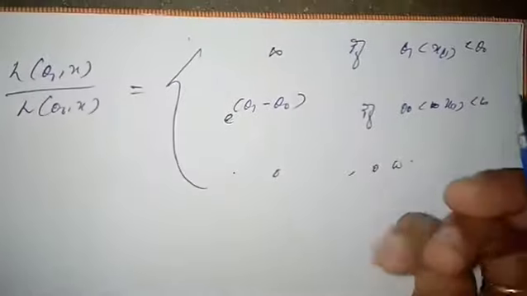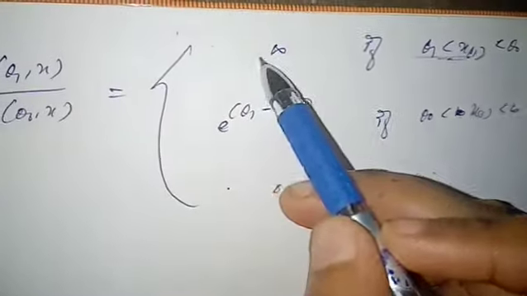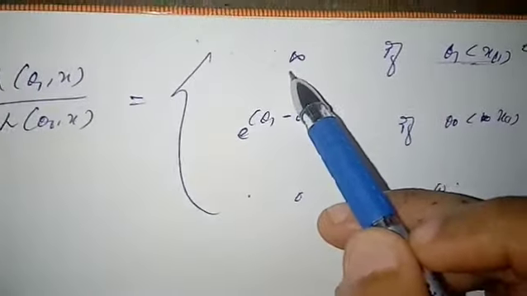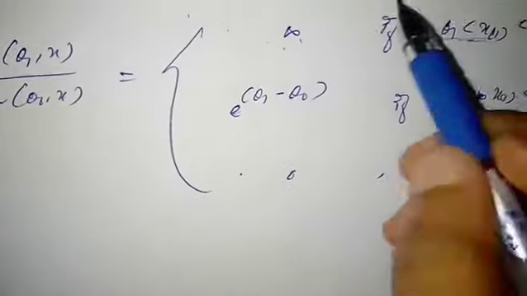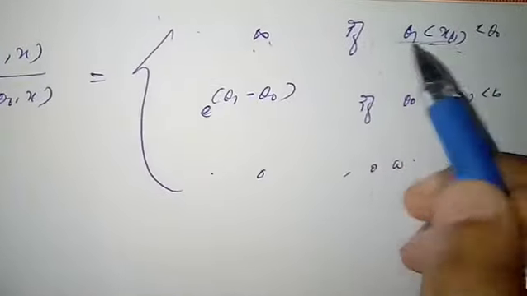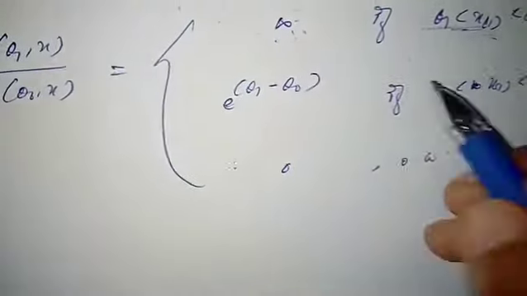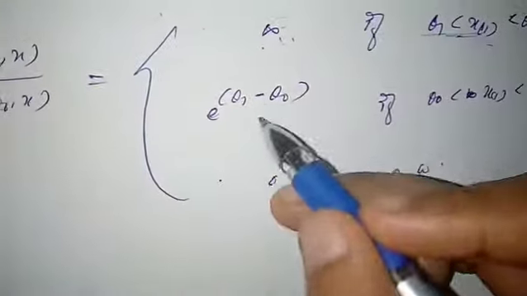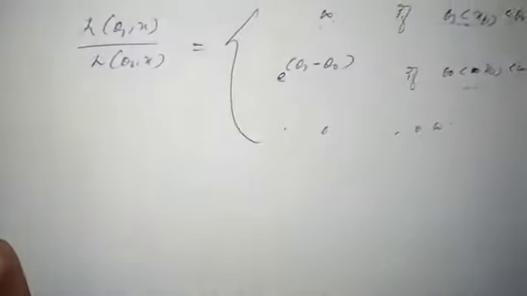So here we reject H0 for a large ratio. Here we got one rejection region, where the ratio is infinite, because it is the maximum value of the ratio. Then we want to find out for which values it takes the maximum, so for that we have to draw a graph.